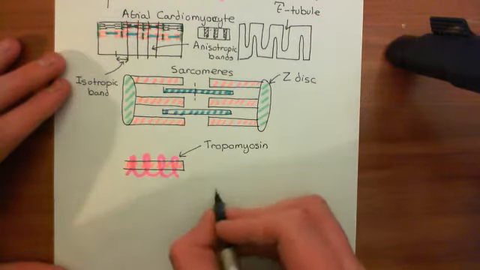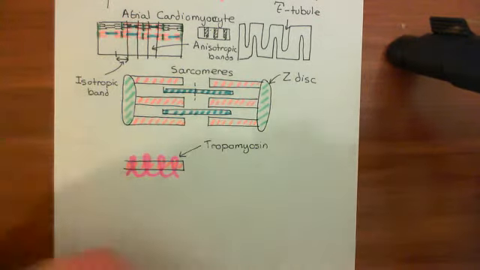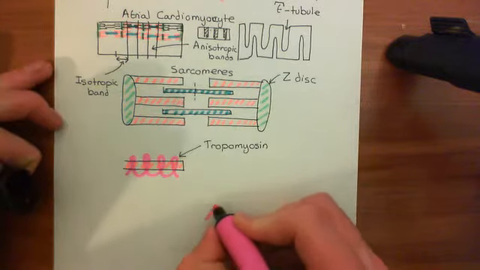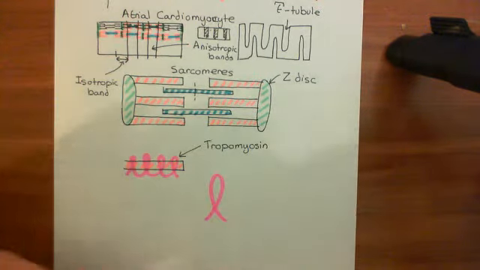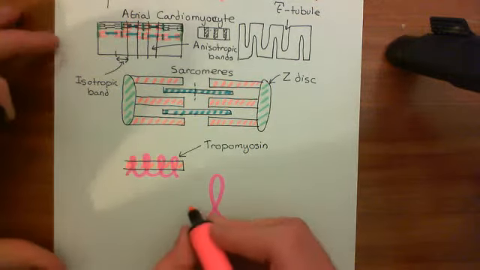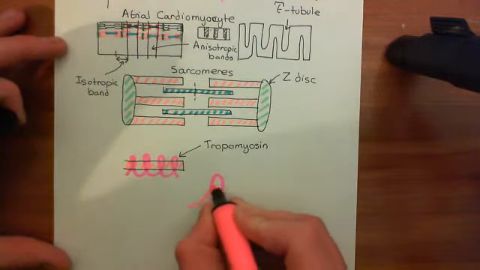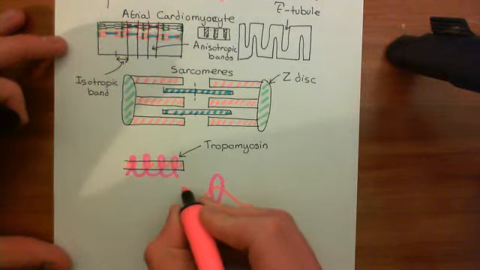So let me draw a bigger picture here. Let's have our tropomyosin molecule like so, and then let's have the actin filament, which remember is this double helix of F-actin molecules.